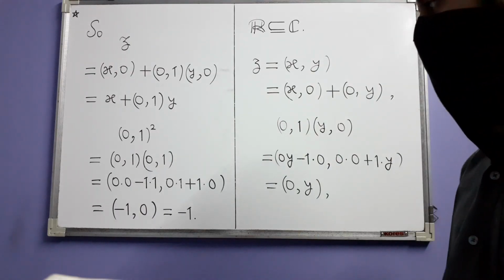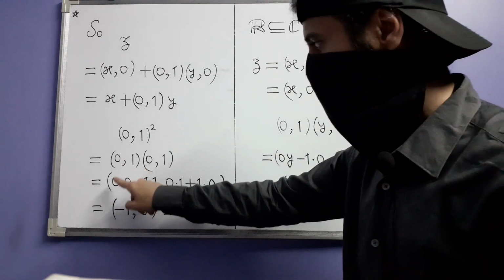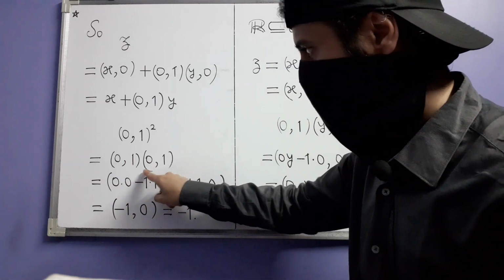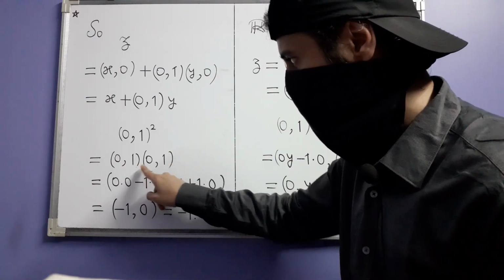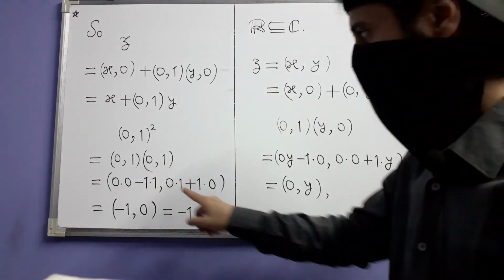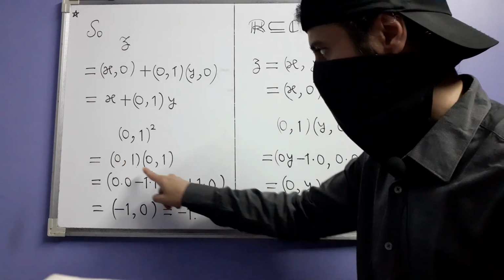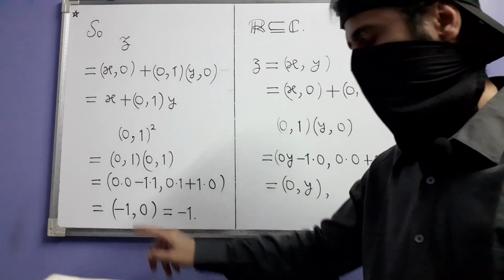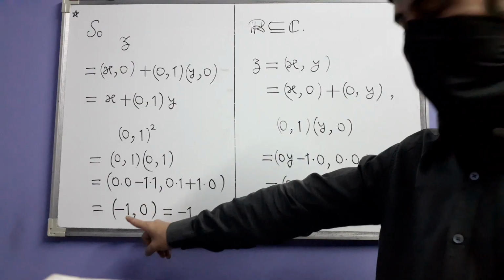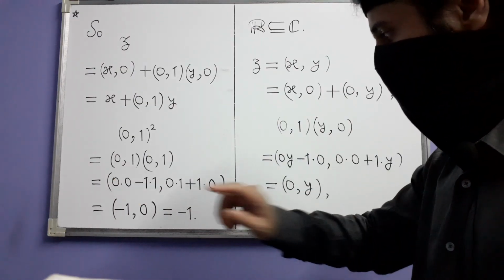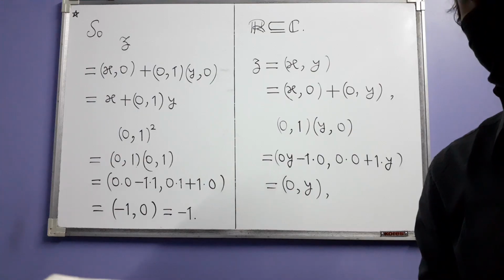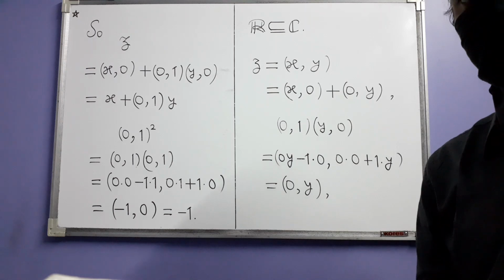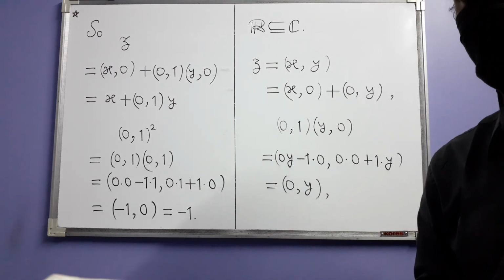So by the definition of complex multiplication, it will be this ordered pair where the first coordinate comes like this, real part times real part minus imaginary part times imaginary part, and the second coordinate is real times imaginary plus imaginary times real. So you are getting the complex number minus 1, 0, which however is the type of number that you can associate with the real number minus 1 via that identification. So it's an object whose square is minus 1. So does that remind you of something?